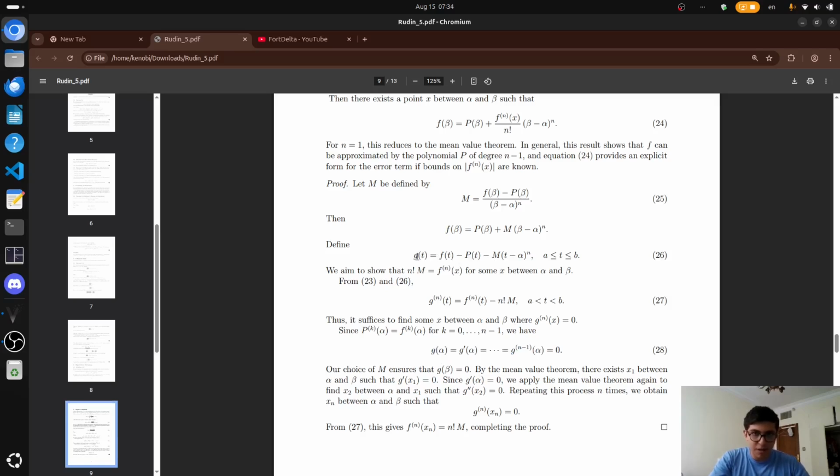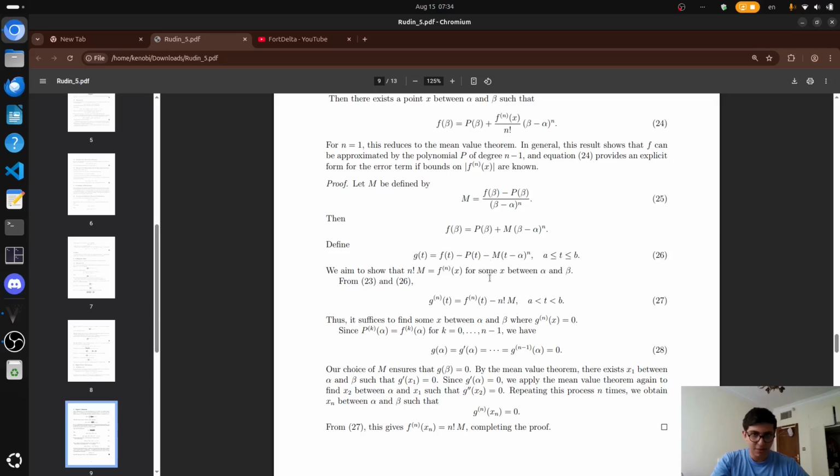Because g prime of t is equal to f prime of t minus p prime of t minus the derivative of this. Apply alpha to them, these things are equal, so it goes to 0, and this is going to be n times m times t minus alpha, put alpha, this also goes to 0. And so you're going to get that all the derivatives, no matter which order at alpha that you take, are going to be equal to 0.